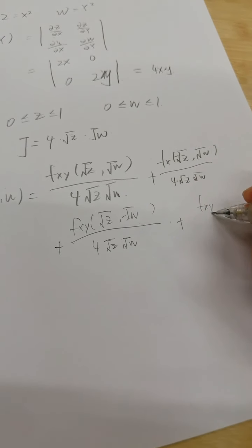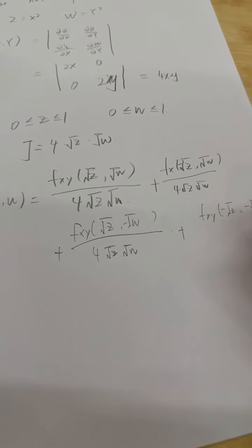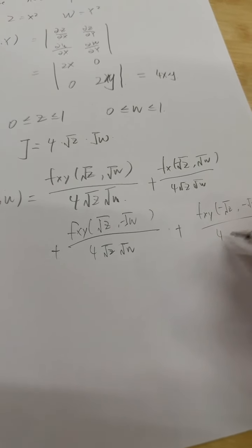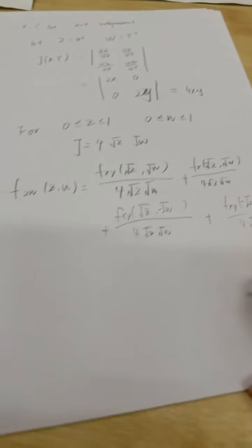And the last one is negative square root z and negative square root w, divided by 4 times square root z times square root w.